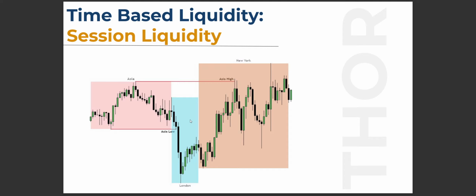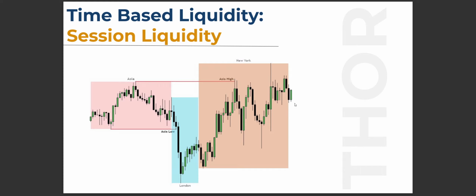Now, before New York open, during London session, London raids the Asia low, takes it out, and then going into New York session, it builds a market maker buy model, so to speak, and runs the opposite side of the market, targets the Asia high.